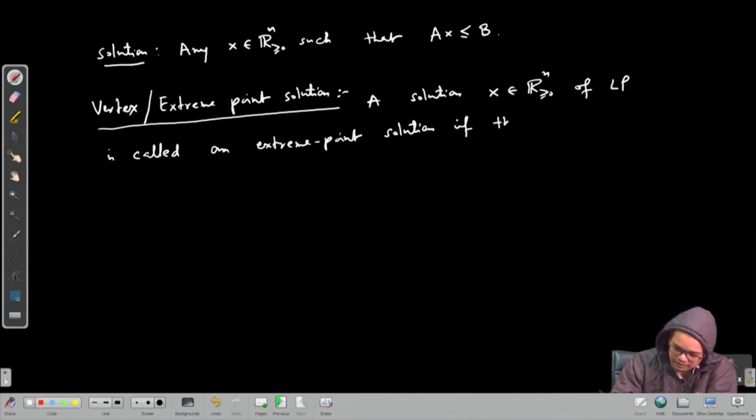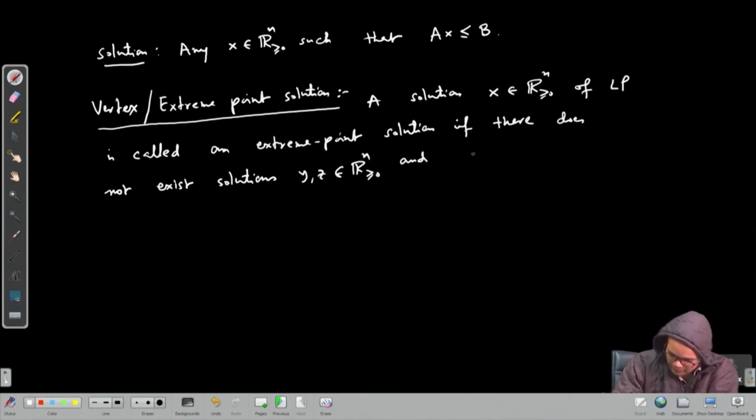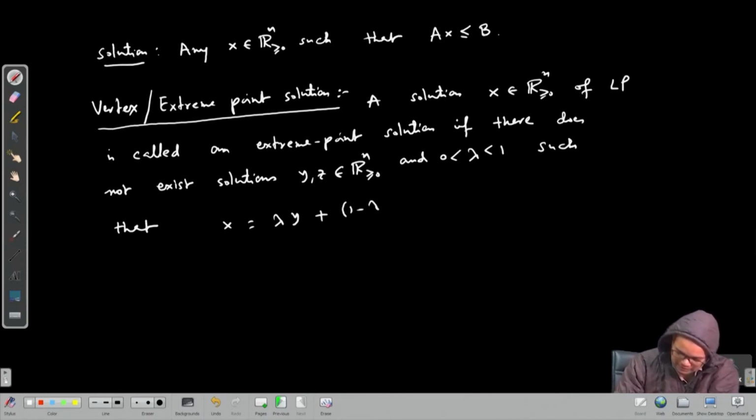That is, if there do not exist solutions y and z in R^n and lambda between 0 and 1 such that x equals lambda times y plus (1 minus lambda) times z.